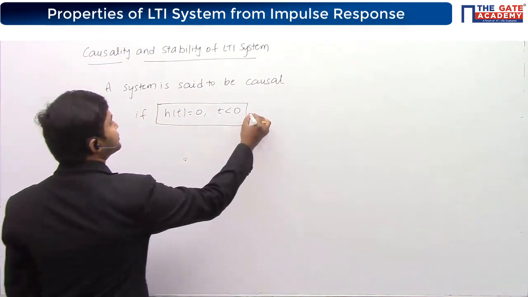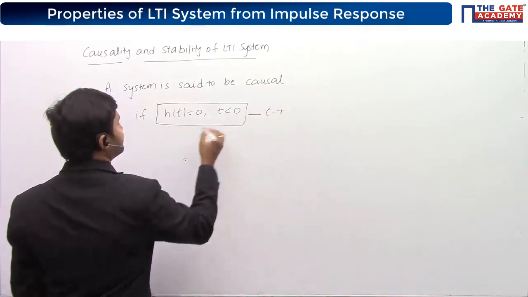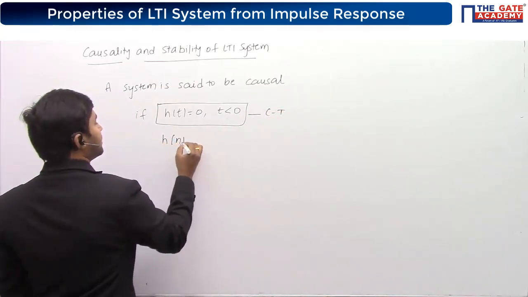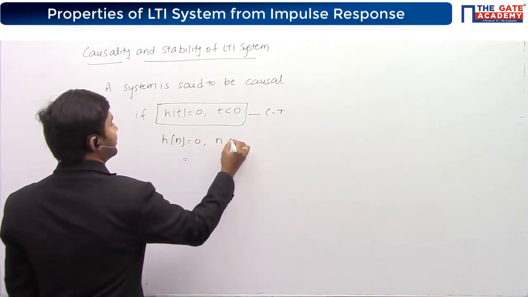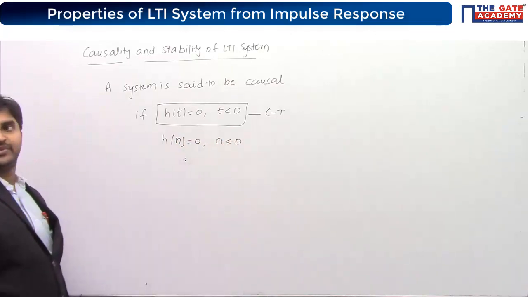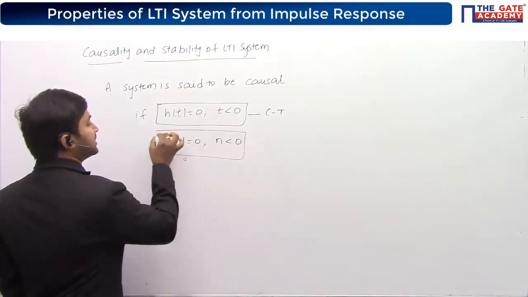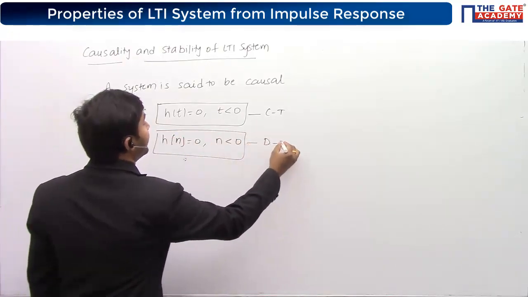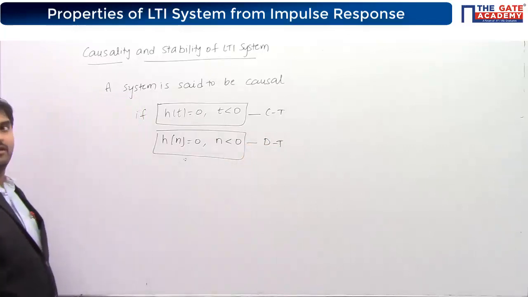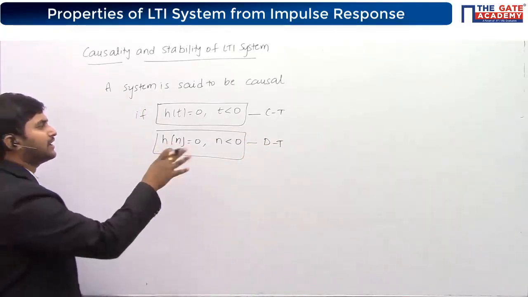This is for continuous time. In the case of discrete time, h of n is equal to 0 for n less than 0. This condition has to be satisfied in the case of a discrete time system.